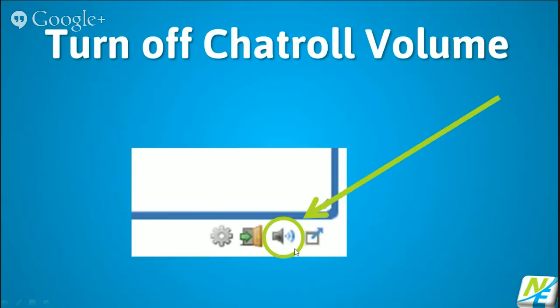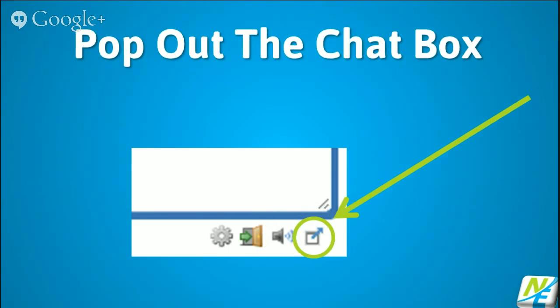That button turns the chat roll volume off, so that as people come in and out of the webinar, we don't have the popping noises. It won't turn off my voice, just those popping noises. Second, this box allows you to pop the chat box out so you can move it wherever you want on the screen. That way you're not scrolling up and down between the video and the chat.